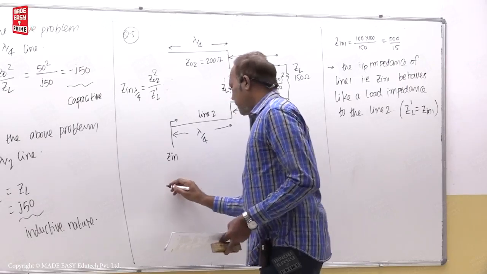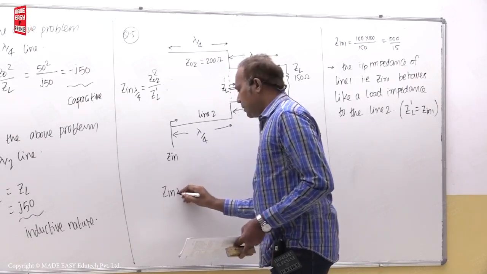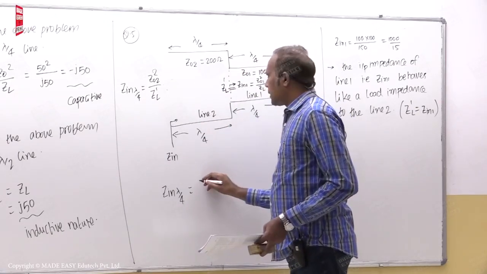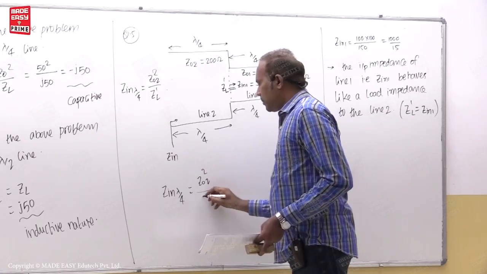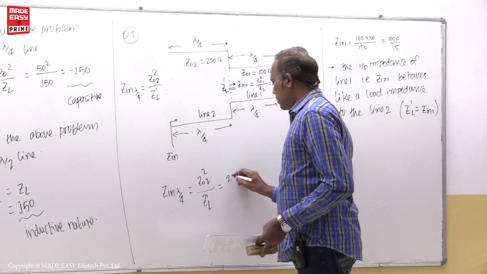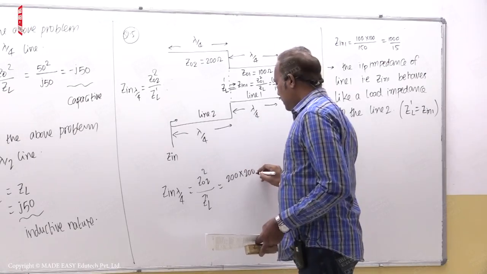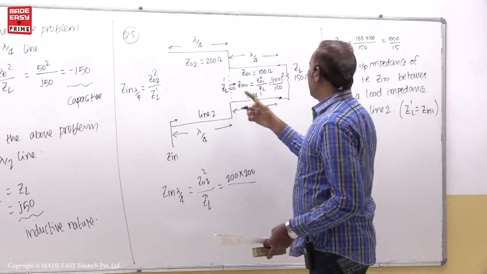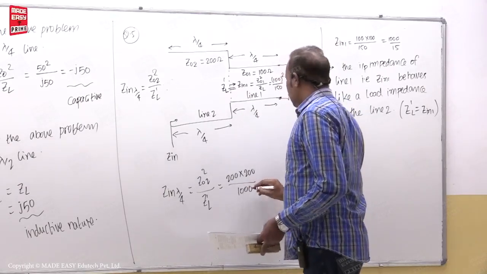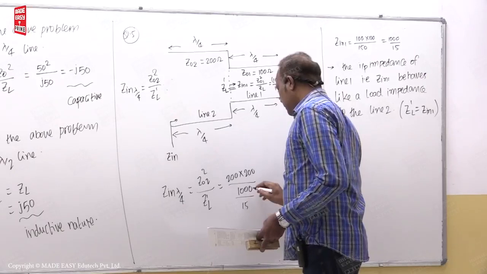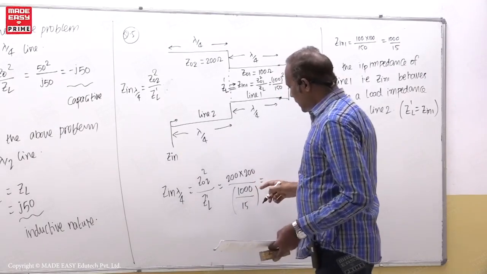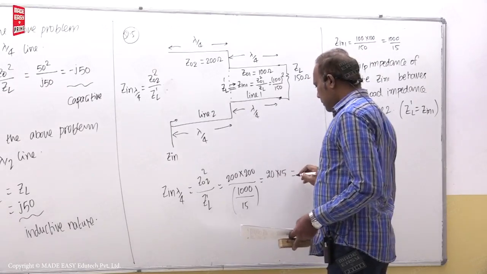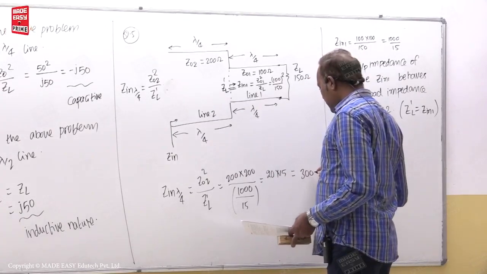So ultimately Zin of lambda by 4 is equal to Z02 square divided by ZL dash, that is nothing but 200 square divided by ZL dash, which is nothing but Zin1. Here I have written, that is 1000 divided by 15. So ultimately here 3 zeros cancel, 1 zero remains. So this is the answer.